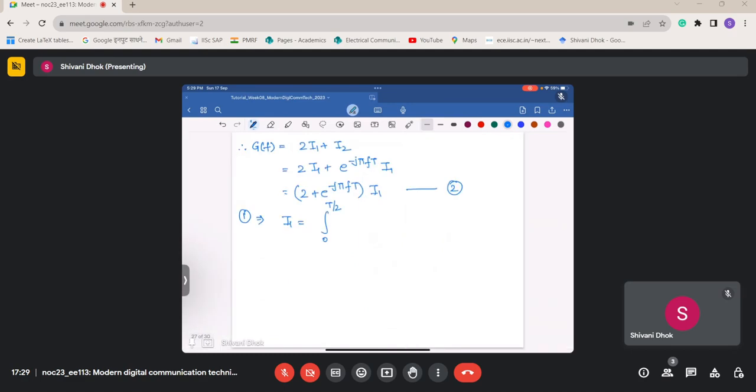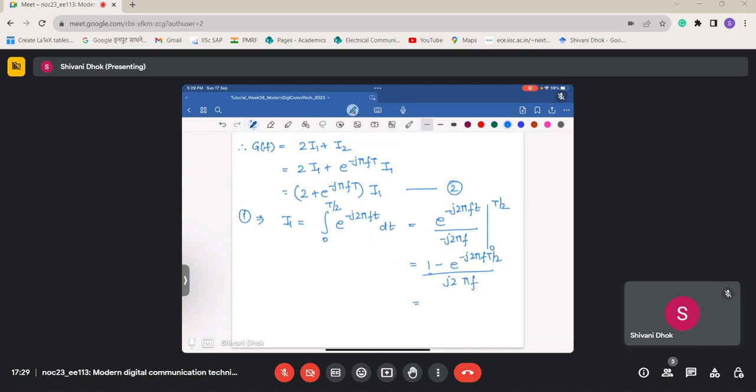No. Okay, this is fine. The integral of T by 2 e power minus j 2 pi ft dt is simply e power minus j 2 pi ft upon minus j 2 pi f from 0 to capital T by 2. This comes out to be 1 minus e power minus j 2 pi f capital T by 2 upon j 2 pi f.